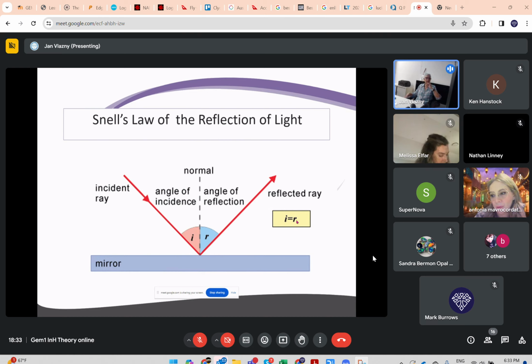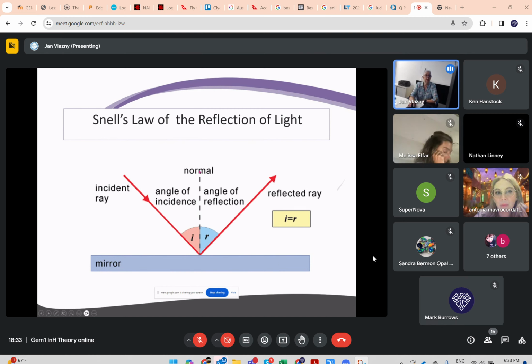And Mr. Snell worked out, and once you know this, it sounds quite reasonable, that the angle of incidence is equal to the angle of reflection. Now, we have a parallel surface there, and we have an imaginary line that we call the normal at right angles to the surface of that mirror, gemstone, whatever.